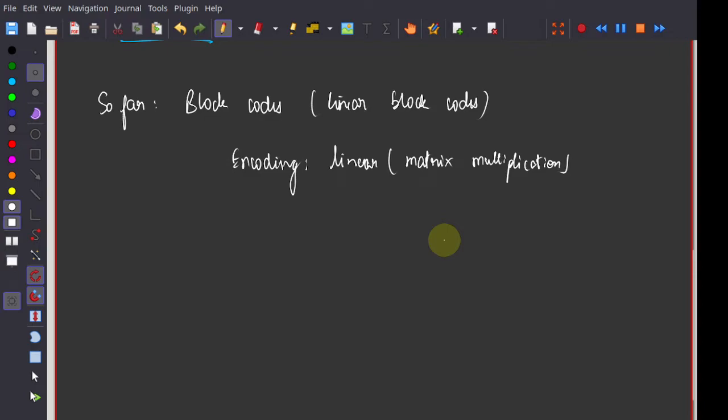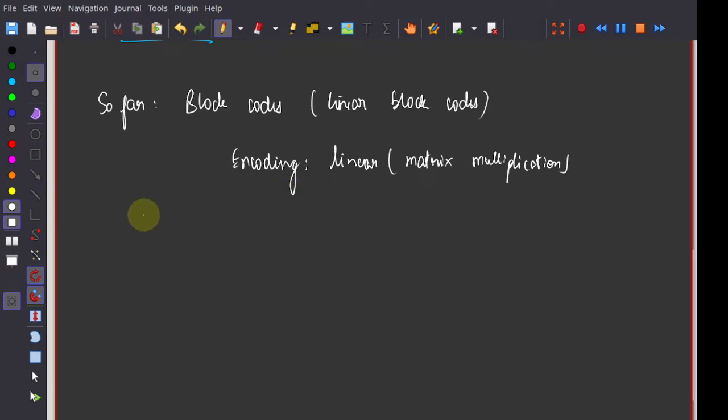Depending on how many bits you want to transmit, you pick the block length most suited for you, and then use that code to encode. That's one approach. But back in the 80s or so, people thought of a different approach. Instead of using a linear block code, you use what is called a stream code, sometimes called a convolutional code.